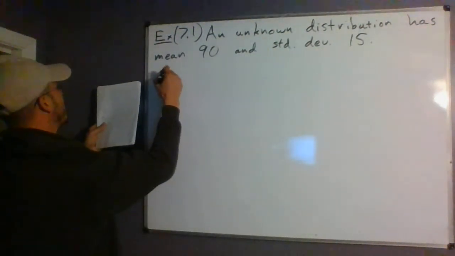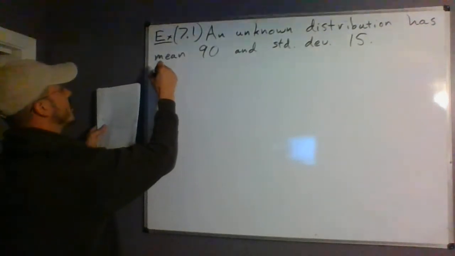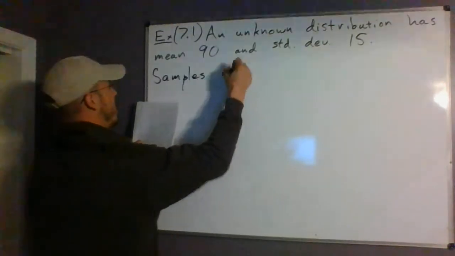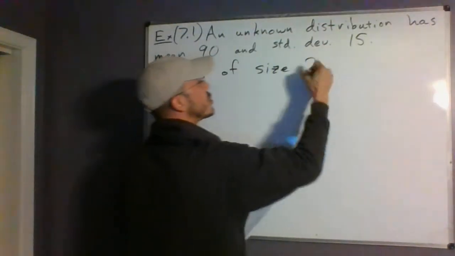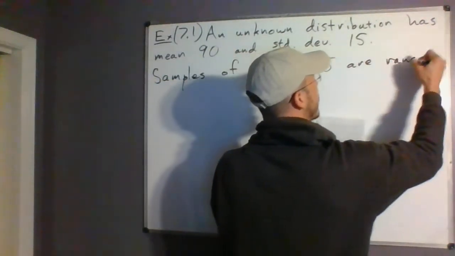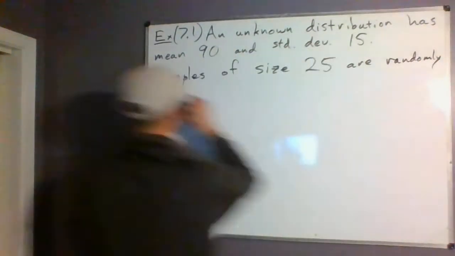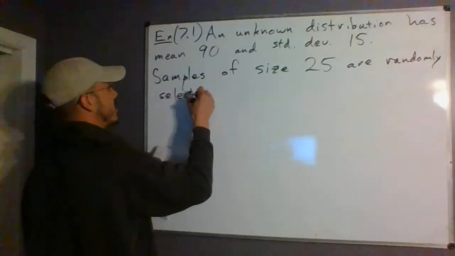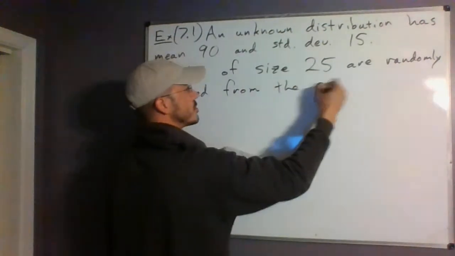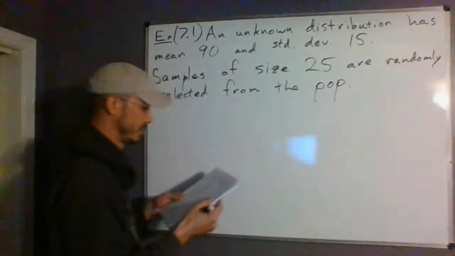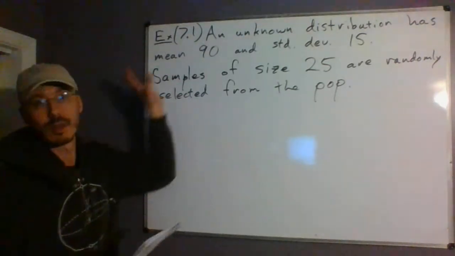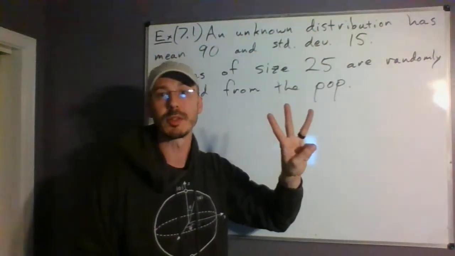Because we're going to say samples of size 25 are randomly selected from the population. And I'm going to summarize this with only 3 parameters.